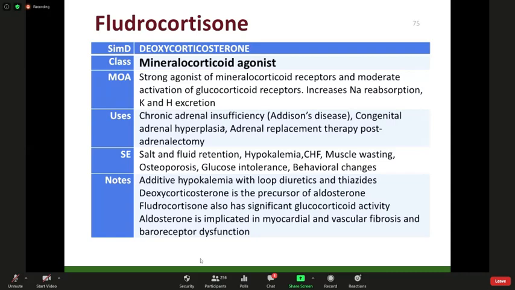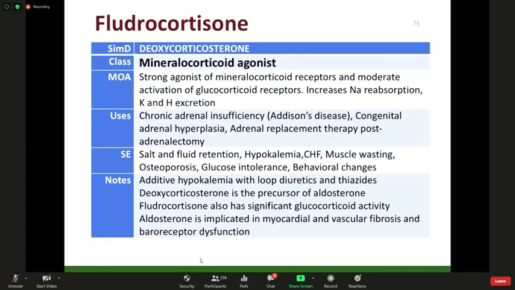So if you need replacement, let's say in a bilateral adrenal problem, such as in Addison's disease or congenital adrenal hyperplasia, or you've had a bilateral adrenalectomy because of a tumor, then you need to replace not only the glucocorticoids but the mineralocorticoids. And the agonist for that is called fludrocortisone.